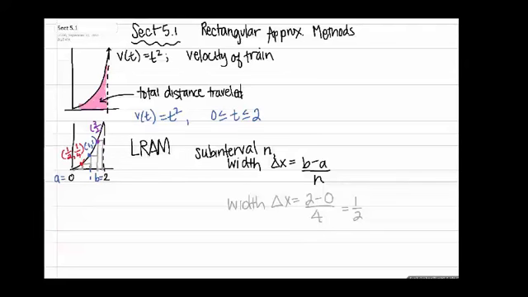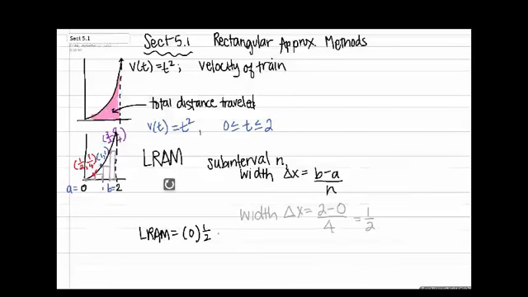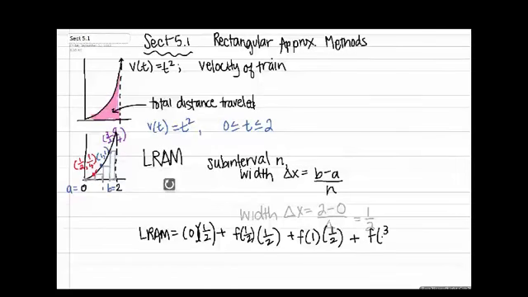So 3/2 comma 9/4. So if I write out the entire calculation, the first rectangle is kind of silly. It has a height of 0 and a width of 1/2. The second one had a height of f of 1/2, which was our 1/4, with a width of 1/2. The next one had a height of f of 1 times the width of 1/2. And then the last one was f of 3/2 times the width of 1/2.